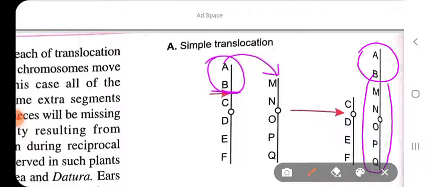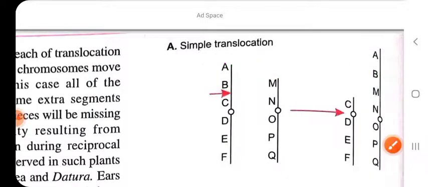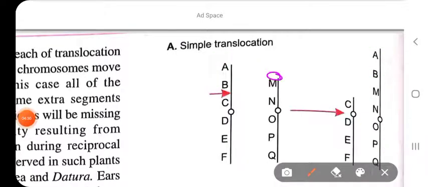Now simple translocation is very rare in nature. And why is it rare? Because here is the end of this non-homologous chromosome, and normally the end of a chromosome contains telomeric regions, right? These are protective regions, which prevent the chromosome segments from getting rejoined. Unless there is a break in the telomeric region, it will not join.